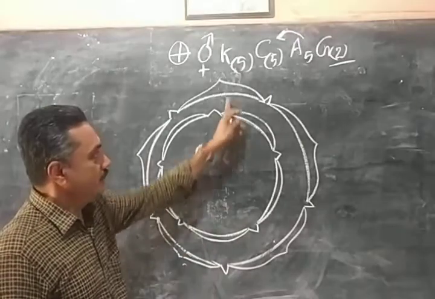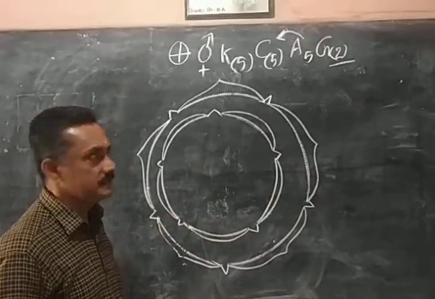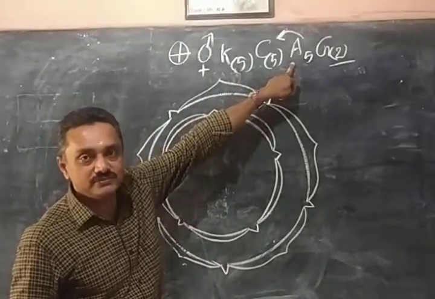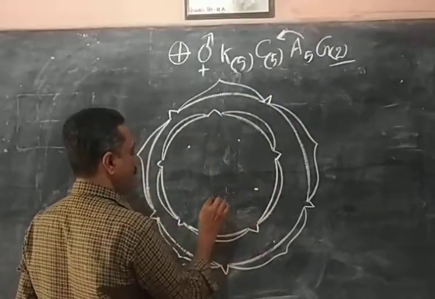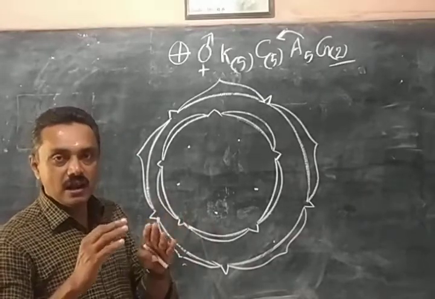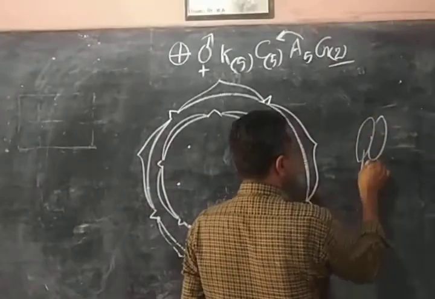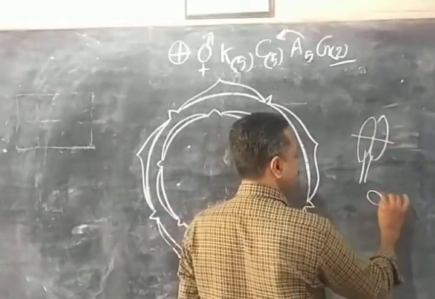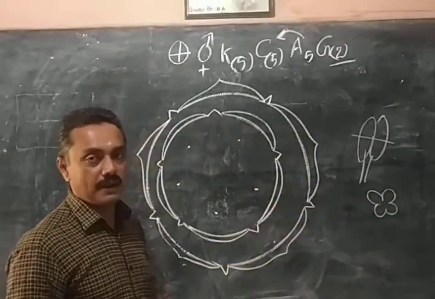See, first round calyx, then comes corolla, then comes androecium, 5 stamens. See, 1, 2, 3, 4, 5. These are the anthers. You represent the anther of the stamen. If you cut the anther, it appears like this. Cross section of the anther appears like that.